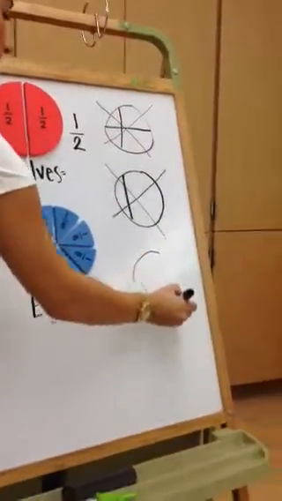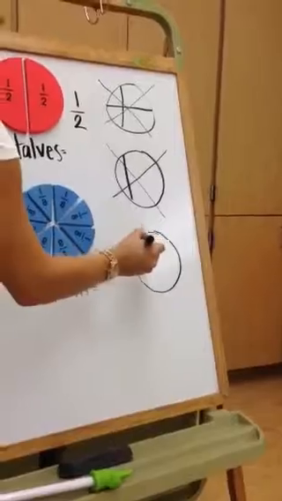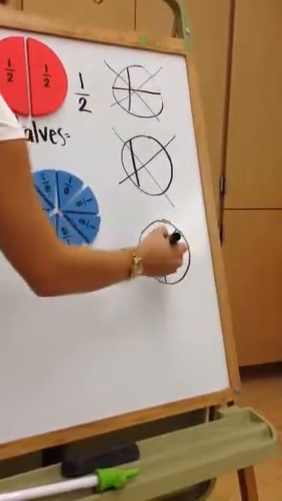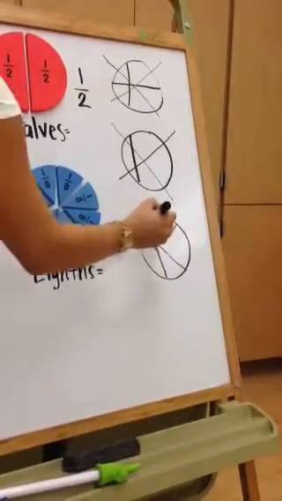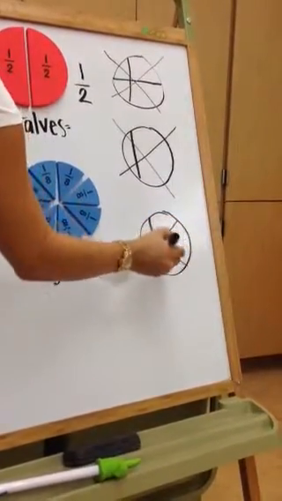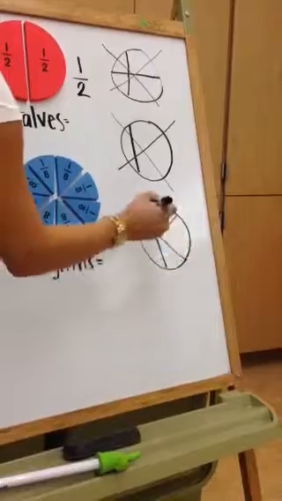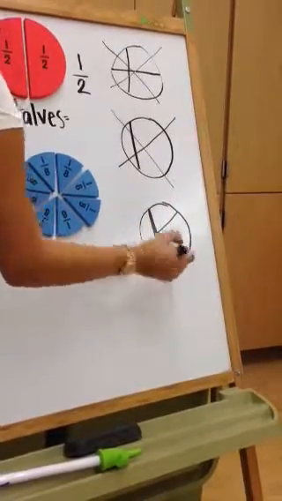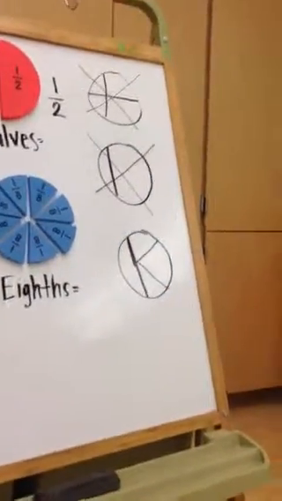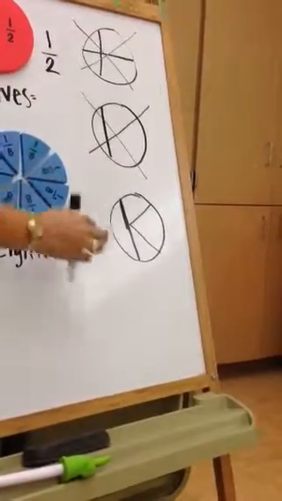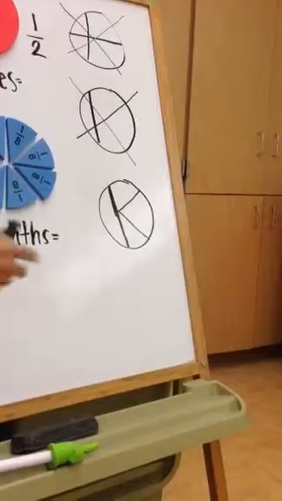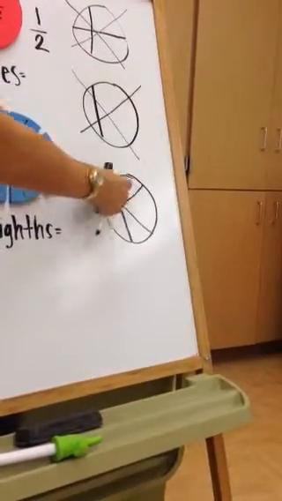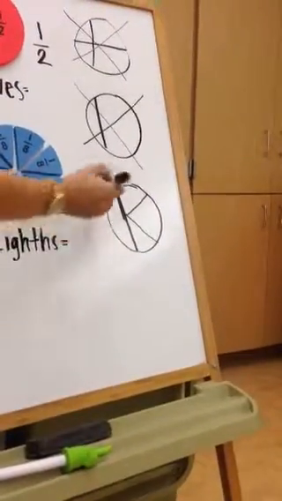Let's try another. Now I've divided my circle into 4. 1, 2, 3, 4 parts, yes. This would also not be considered a fraction because the parts are not equal. As you can see, this side has a lot more than these 3 pieces.